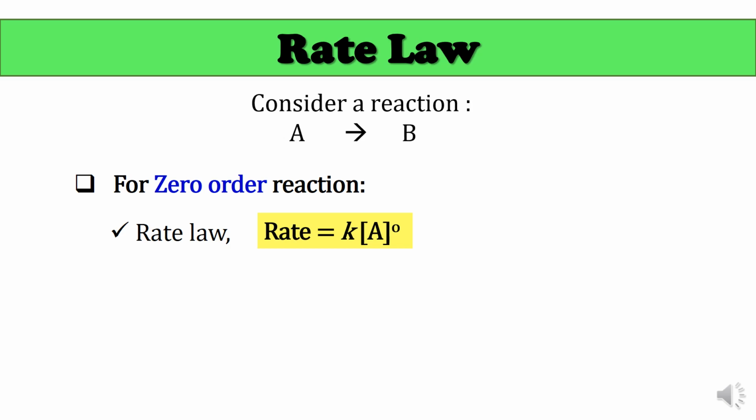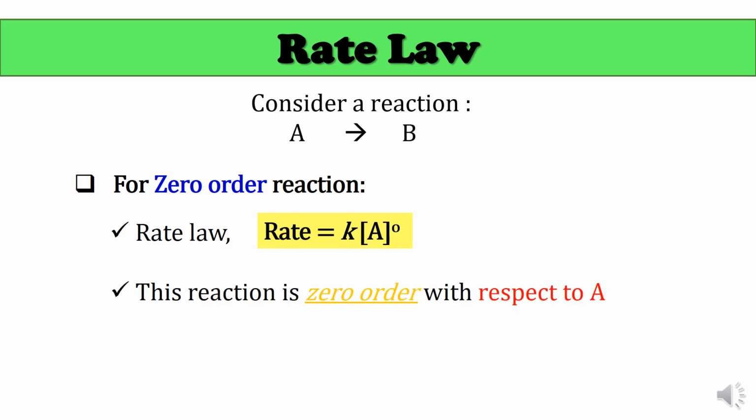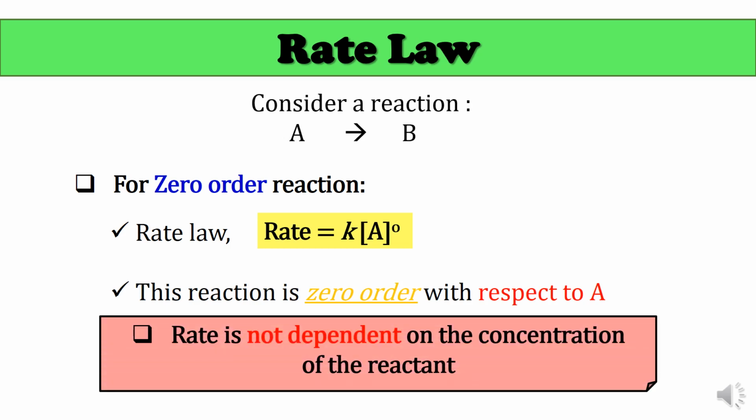The power on the concentration of A is 0 because it is a zero order reaction. So we say this reaction is zero order with respect to A. Zero order reaction means rate does not depend on the concentration of the reactant. If we change the concentration of reactant, rate does not change.